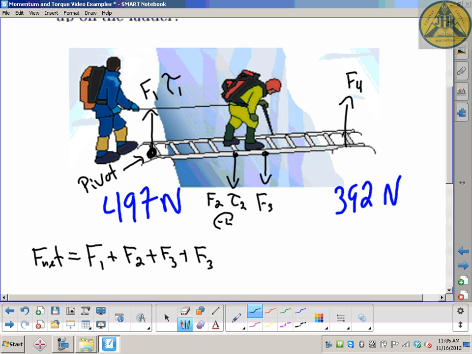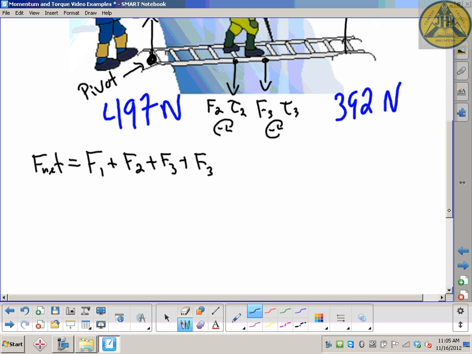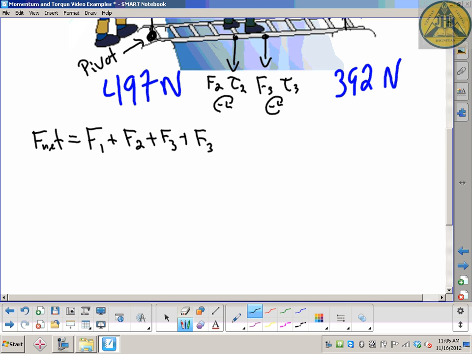So that'd be negative. Force of gravity here has a torque 3. That would also make it rotate clockwise around the pivot point. F4, call it torque 4, and that would make it rotate counterclockwise, and that's positive torque. Remember, the torque negatives and positives are based on rotation.